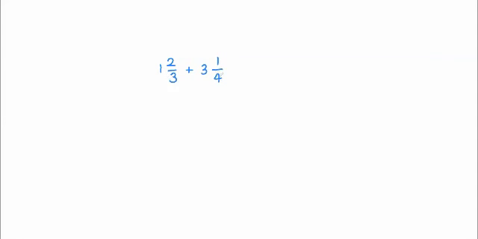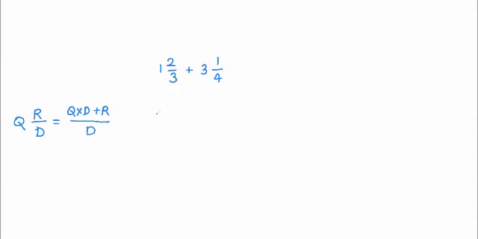To convert a mixed fraction into an improper fraction, the mixed fraction is represented in this way. To convert it into the improper fraction, what we are supposed to do is q into d plus r upon d. So we have to multiply 3 into 1.